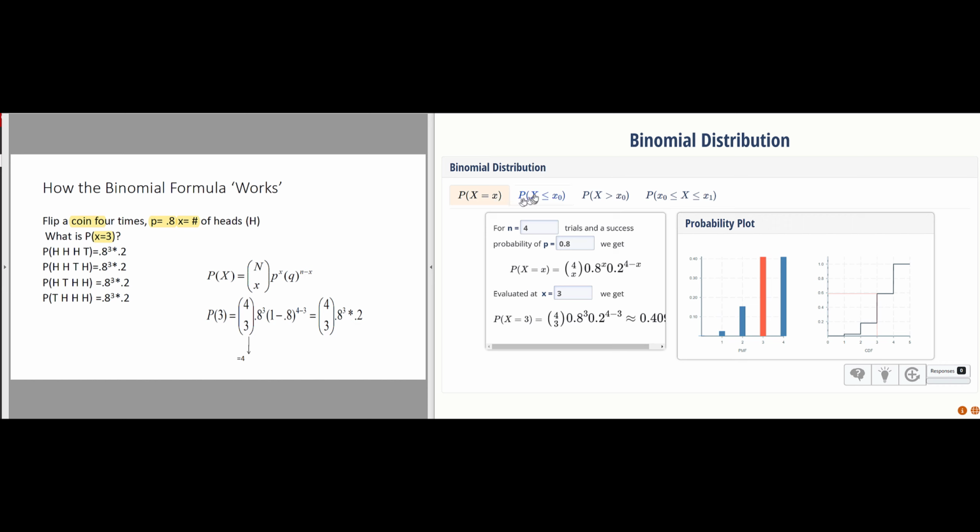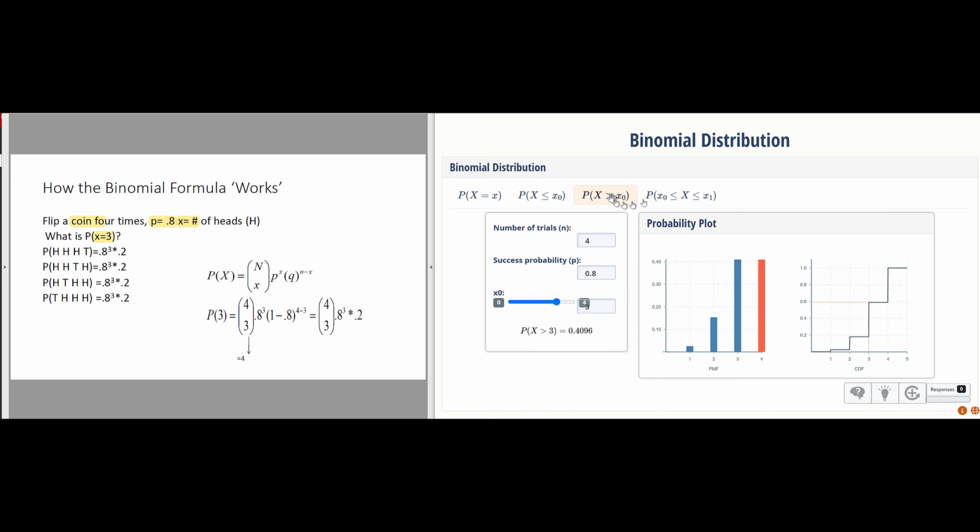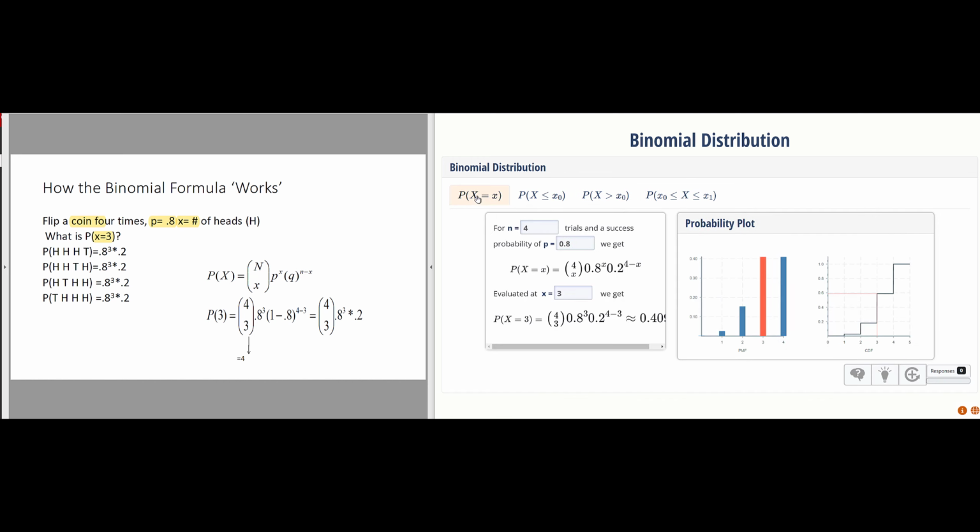I could also ask for less than or equal to 3, or greater than 3, or between some 2 values, but we are interested in the probability of getting exactly 3 heads. And what we get is this value, approximately 0.4.